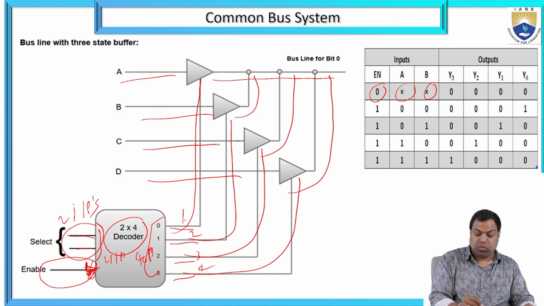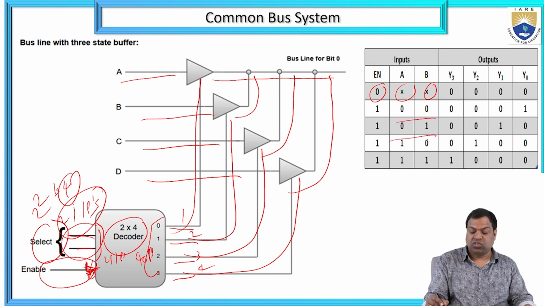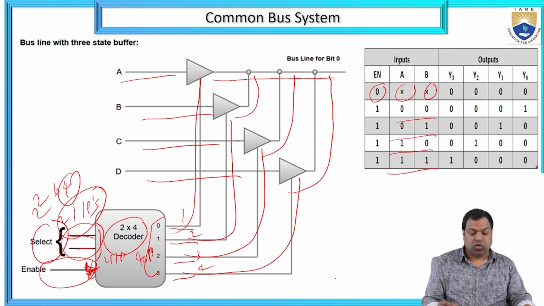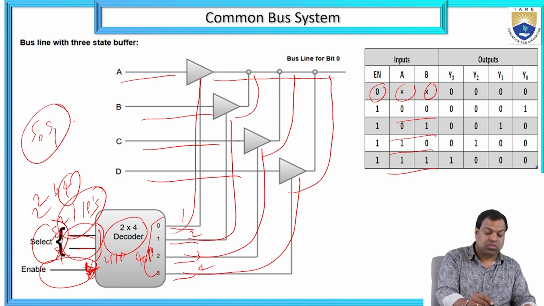Two inputs, so 2 square equal to 4 possibilities: 00, 01, 10, 11. Select means S0, S1. So 2 square equal to 4 input possibilities.